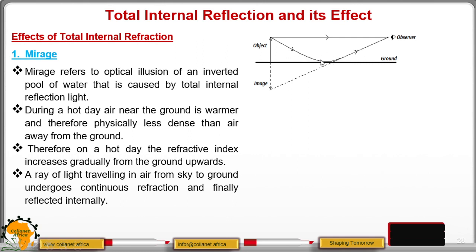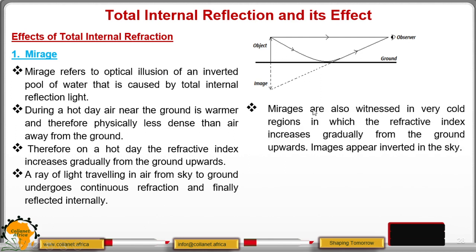So due to that, you will find that there is an image. When you are viewing, there is always an image that is formed, and that image appears to be a pool of water. And as you, the observer, move, your image moves. So that optical illusion of an inverted pool of water is caused by total internal reflection.